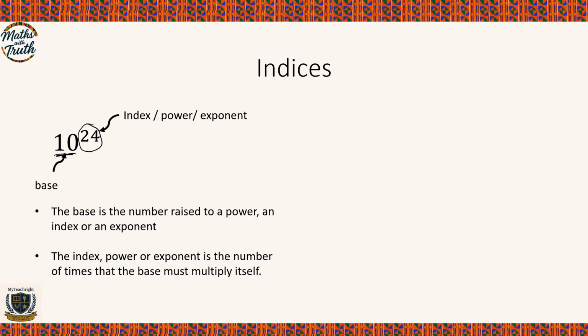Well, that is the very, very essence of indices. So indices helps us to write very huge numbers in a very simple way. For instance, if we have a number like 10 million, now, imagine writing 10 million in a calculation over and over again, about 10 steps.